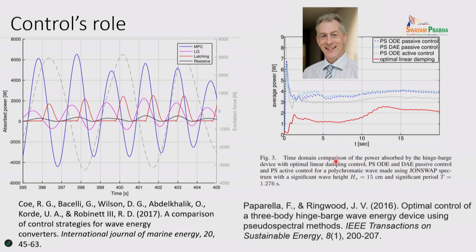This is another paper showing the time domain. You have optimal damping, right? Here you have different controls and the performance you can get. So overall, this shows that just by using control, you can achieve more power output, and in addition to more power output, you can reduce the peak load too.